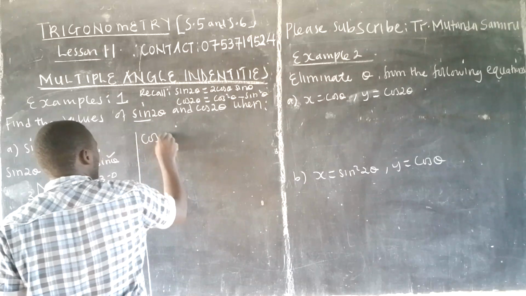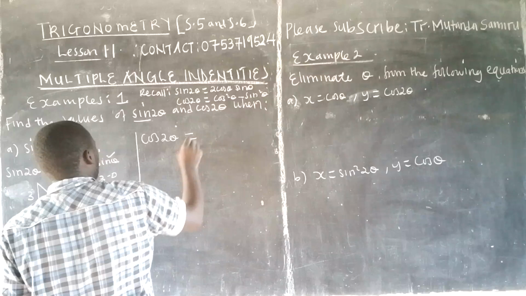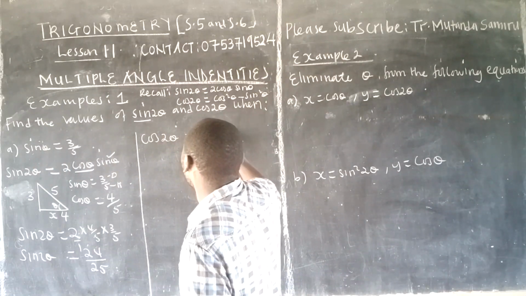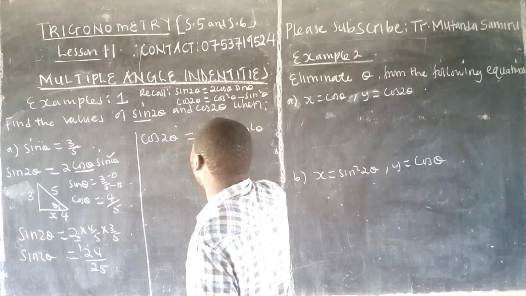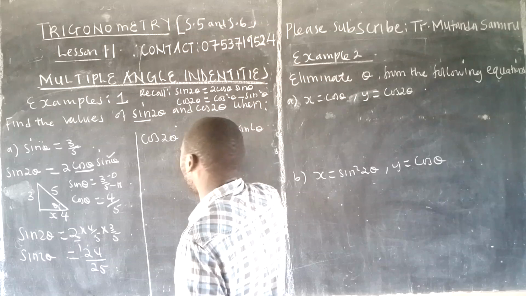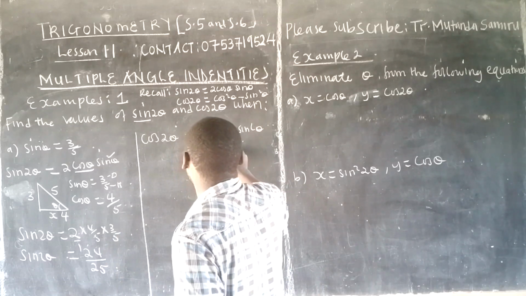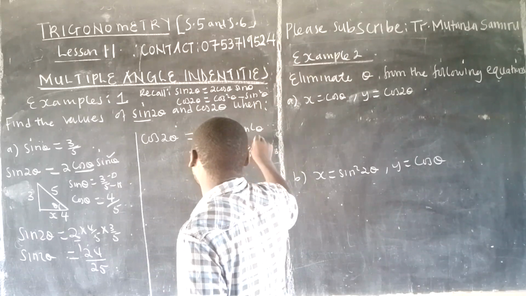Let's now come to this. They are talking about cos 2 theta. They want us to get cos 2 theta, but now cos 2 theta is equal to what? Let's use this very identity here: cos squared theta minus sine squared theta. We have it here. This will now be substituted. Cos theta is 4/5, minus sine theta is 3/5.